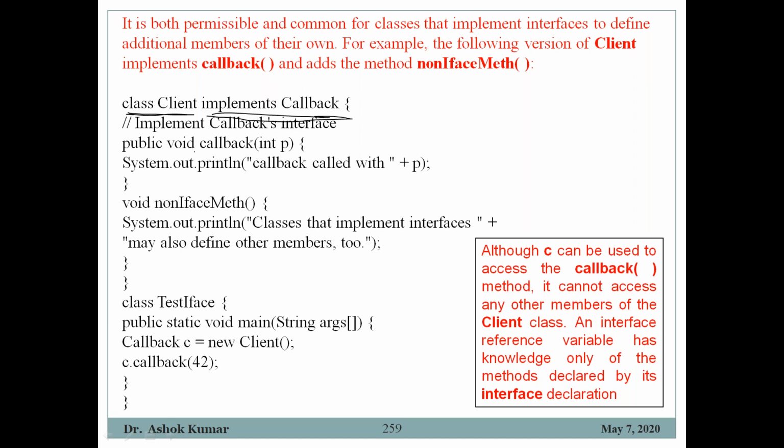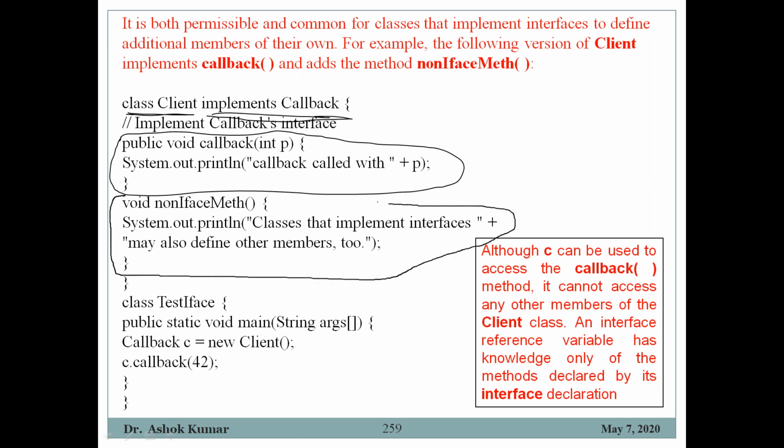And this class client must add the definition of all the methods. So the definition of callback is there, that is declared in the interface, and the class has added some more functionality of its own.